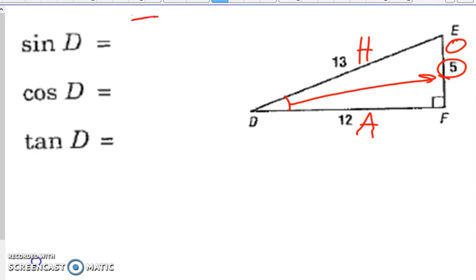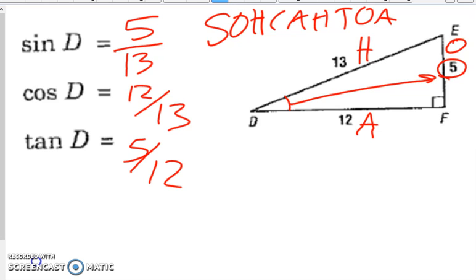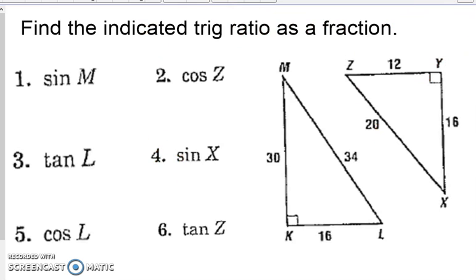So sine would be 5 over 13 for angle D. If I wanted the cosine of angle D, remembering SOHCAHTOA, cosine is adjacent divided by hypotenuse, so it would be 12 over 13. And the tangent of angle D would be opposite divided by adjacent, so it would be 5 over 12. I want you to go ahead, pause the video, do these 6 problems, and then come back and check your answers.